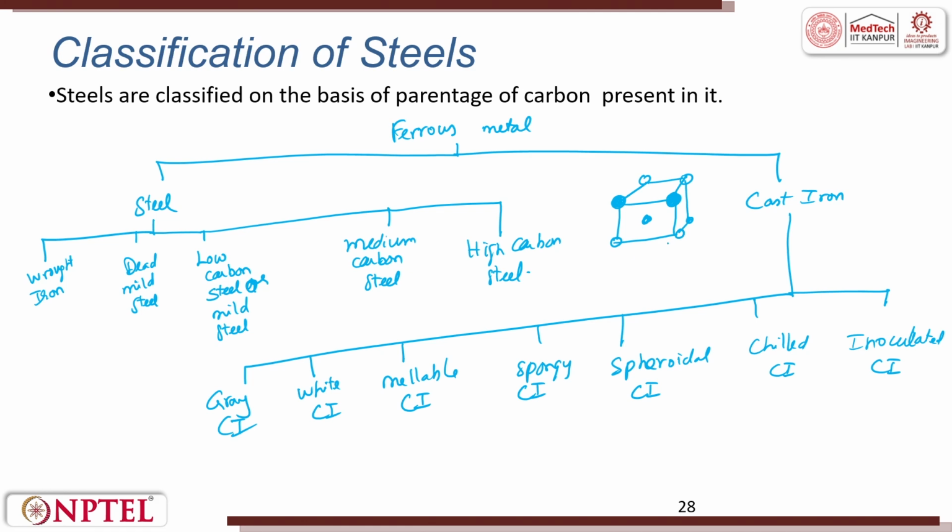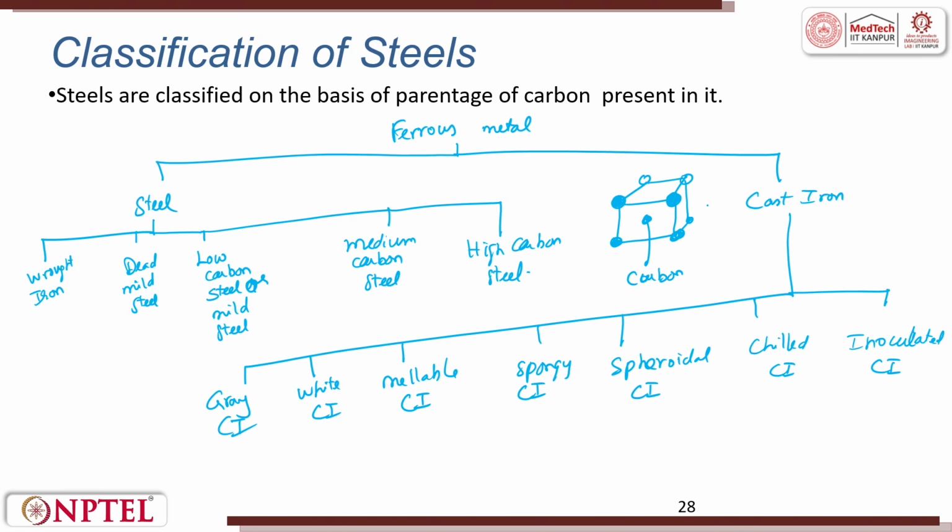So, there is a space in between these atoms. The carbon atom easily gets into the iron unit cell and then it occupies a space. These are all iron atoms, this is a unit cell.